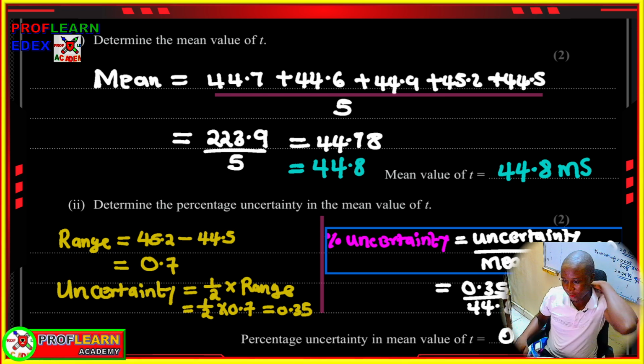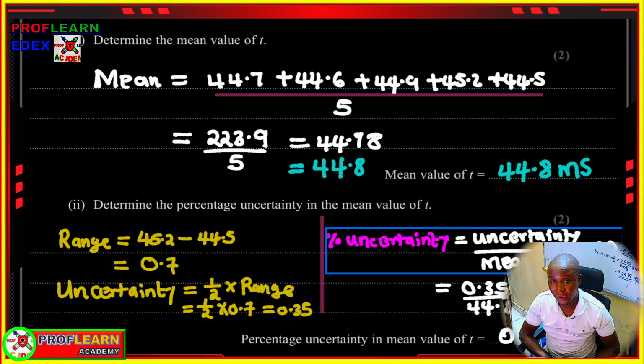The next part is to determine the percentage uncertainty, and something I need to mention here. When you are given a set of values, to find the percentage uncertainty, first you must find the range. The range is the difference between the largest value and the smallest value.